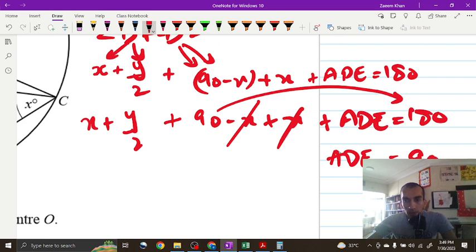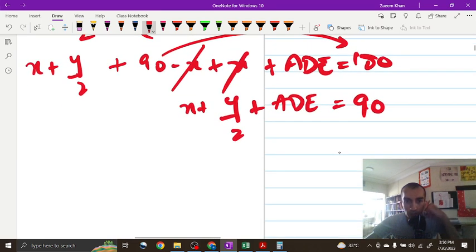Is that clear so far? Yeah. And we're only left with this thing on the left. So we're left with x plus y over 2 on the left. How do we get rid of this?